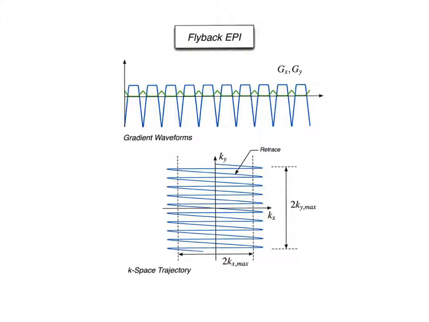Conversely, here's the flyback case, where we only play our RF out during the positive flat portions of the gradient trajectory, and we just try to zip back as fast as possible with the minimum time in between the flat portions. And then likewise, we play gy gradient blips in between each positive portion. And this gives us a zigzag pattern in k-space, where the diagonal portions are the retraces that we use to get back to the same starting point every time we zag across and play RF.